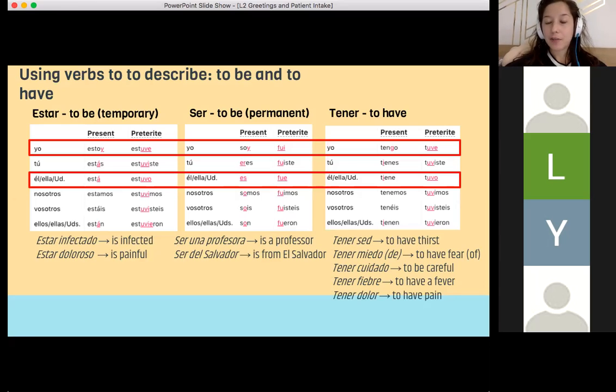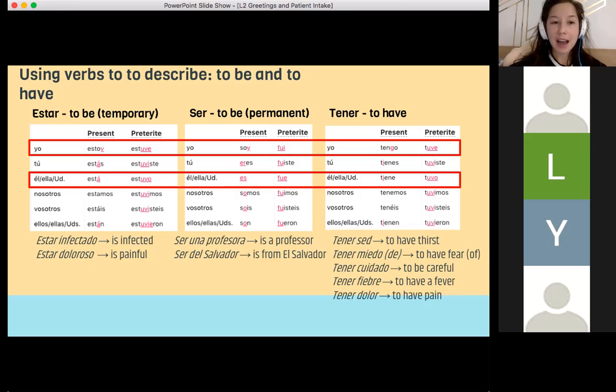If you have a fear of something, or if you're afraid, you would say tener miedo. There are certain states of being and certain qualities that are described by tener. So like to have fear, to be careful, to have a fever, to have pain. You could say someone's feverish, and that would be an adjective, but in Spanish, you could also say you have a fever, and that would be with the verb tener.